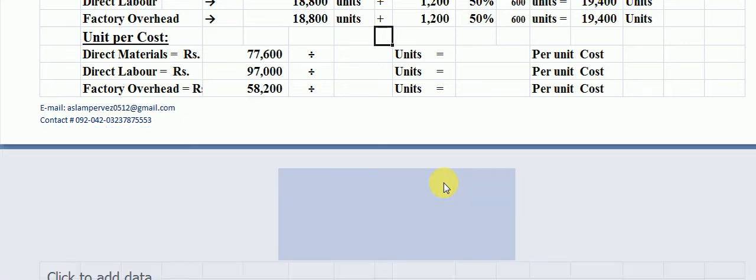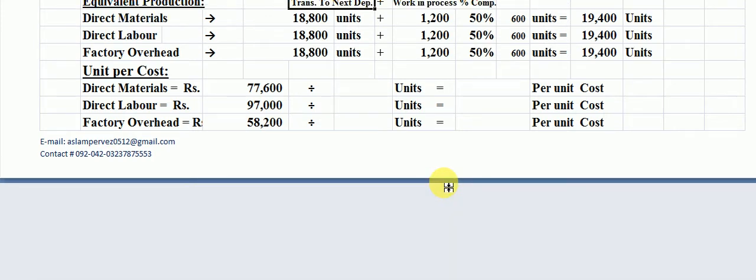Now we divide by the number of units which are in equivalent production, 19,400 here, same as 19,400 in the other direct labor and factory overhead boxes. We have to copy it here.